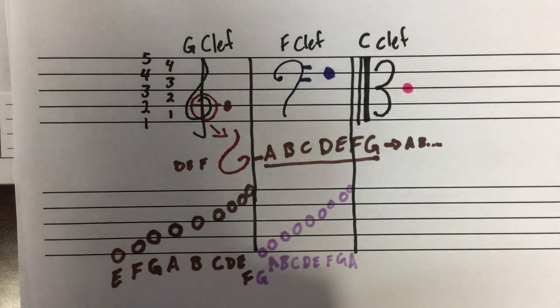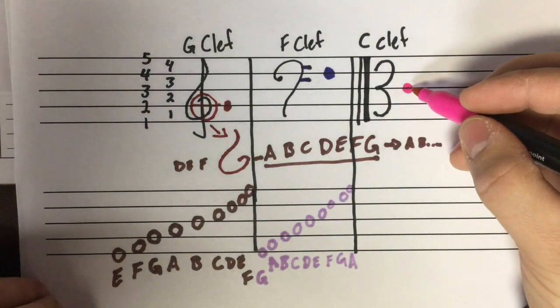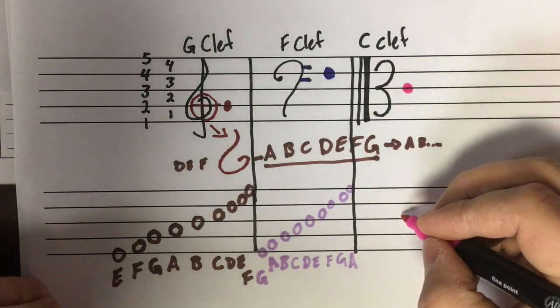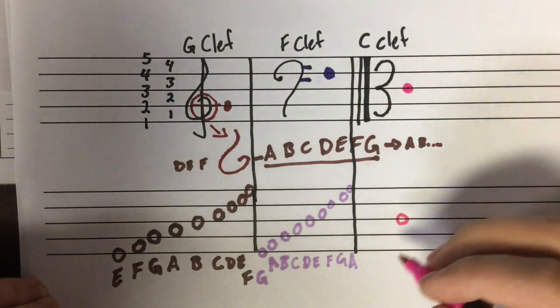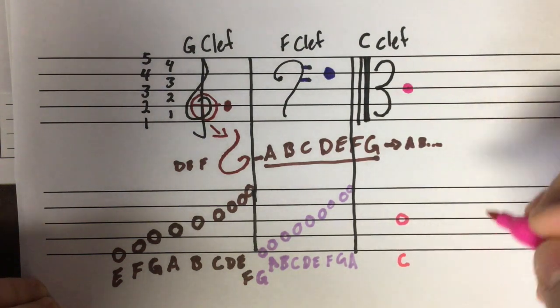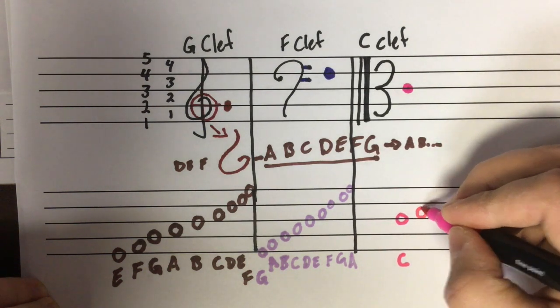All right, and those are the pitches just for the bass clef. This is very important. You got to remember the clef that you read depending on what instrument you play. All right, and then finally we're going to do the alto clef. We have the pitches starting from the third line. So I'm going to draw a circle here, and we know that this is the C clef. That third line is always going to start with C. Okay? Now let's draw a note head going up in the pitch.